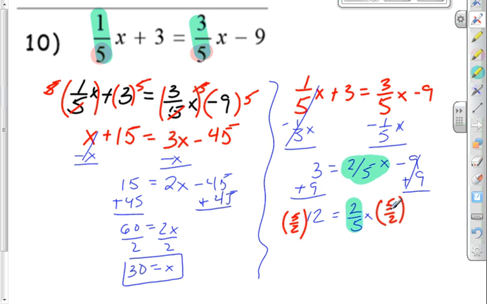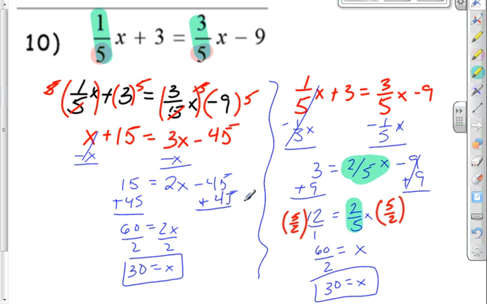Now 2/5 times 5 halves, or 5 over 2, would give us 1x, because we'd end up with 2 times 5, which is 10, and 5 times 2, which is 10, and 10 over 10 is 1. Over on this side, we would have 5 times 12, which is 60, and 2 times 1, which is 2. It's 60 over 2, which is 30. We get the same solution as we had over here.